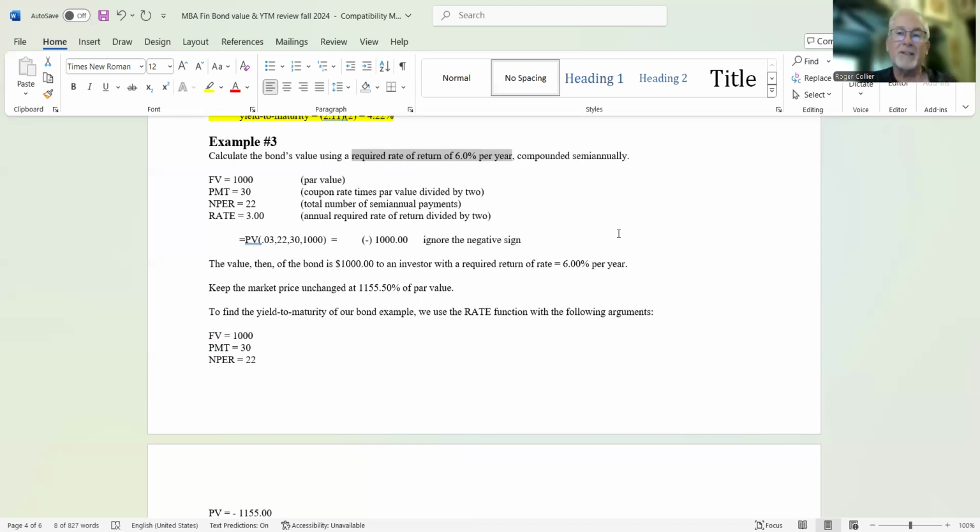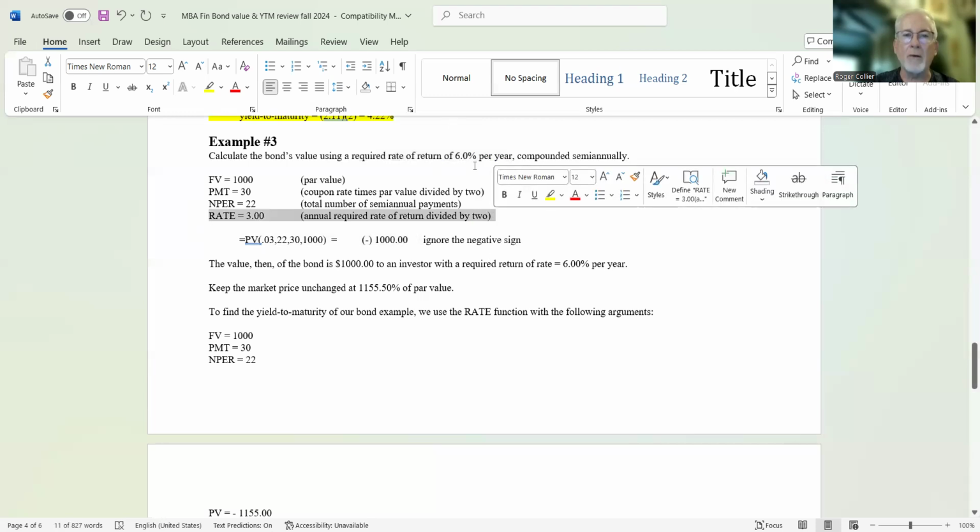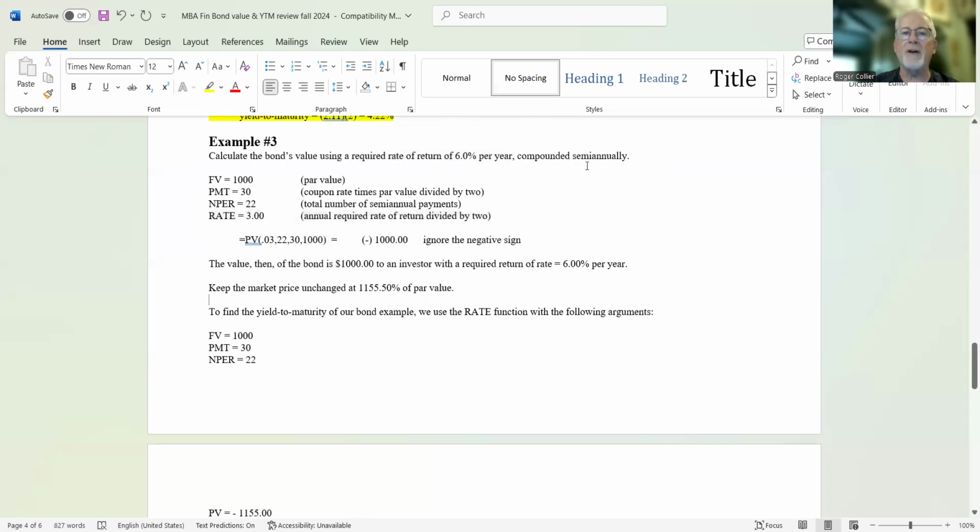Now let's do it with 6% required return. And notice that that required return is the same as the coupon rate in this example. Okay, everything is the same except for that rate. Right? Required return is 6% a year. We divide it by 2 because of the semi-annual and get 3%.